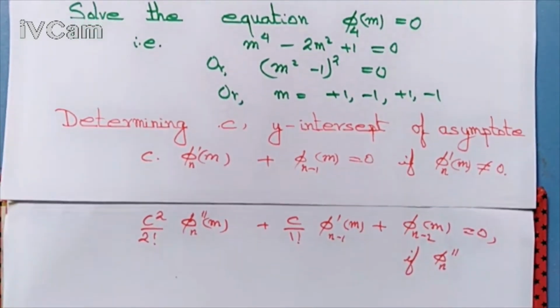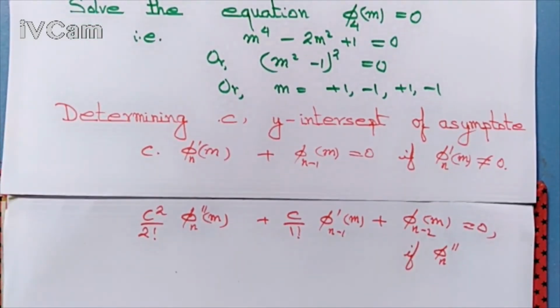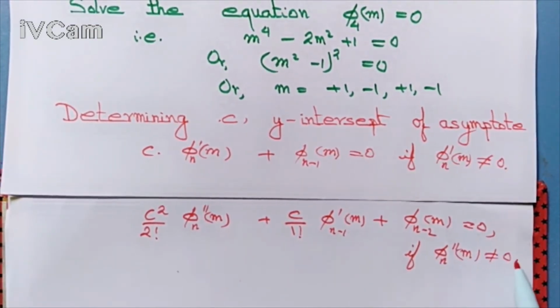This formula is true if phi n double prime (m) is not equal to 0.